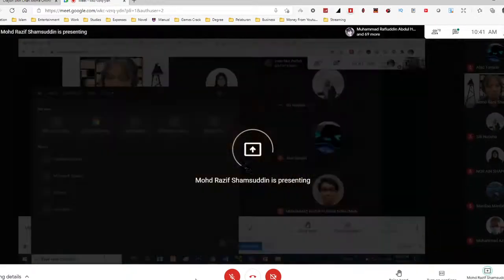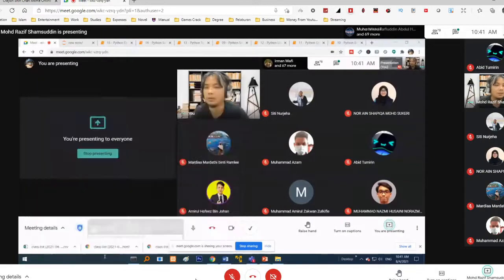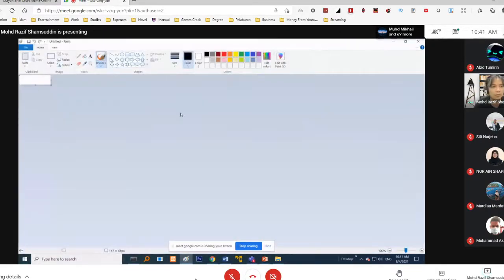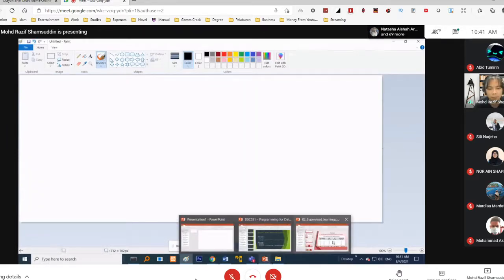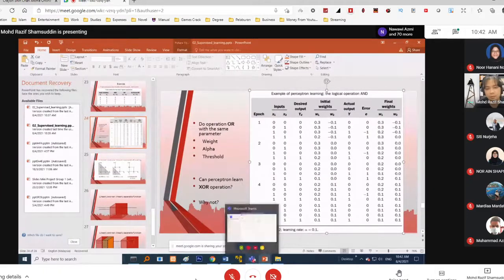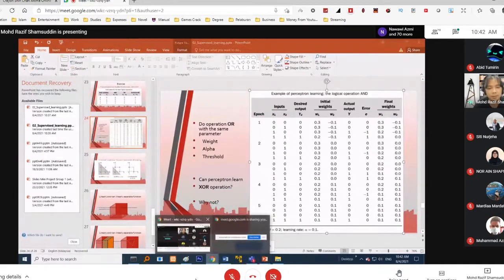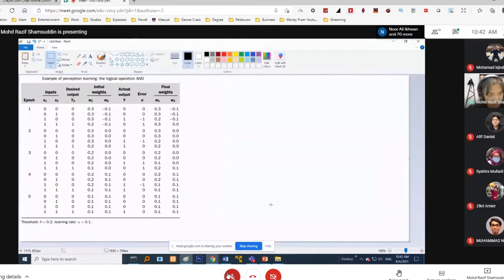Alright, so I want Paint. For this table, I copy and paste it here. Can you see? Yes. Is the picture clear, not pixelated? Clear. Alright, so let's do it together.